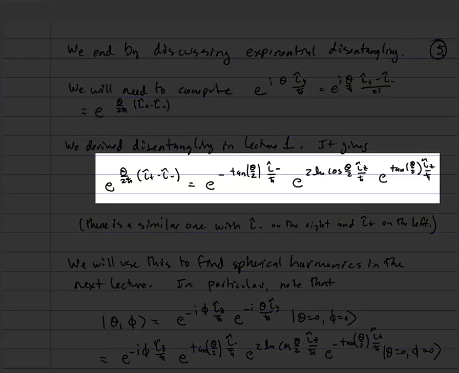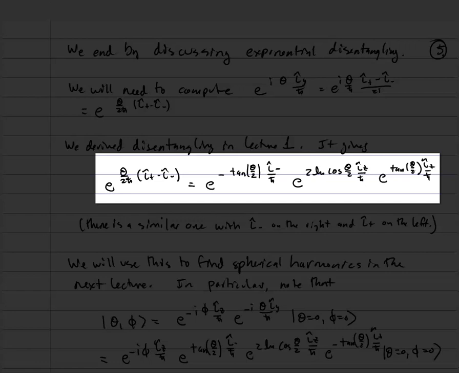So the exponential disentangling identity that we worked out with the spin operators can be immediately translated to the angular momentum operators because of this group theory result that relates the identities that we can derive with Pauli spin matrices into identities that hold with angular momentum operators.